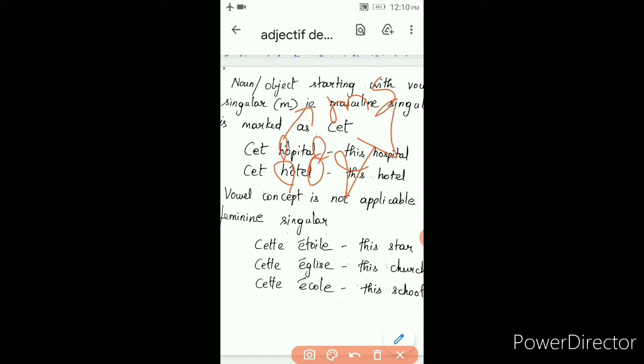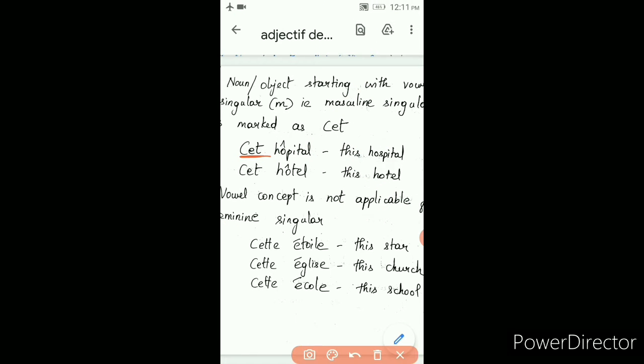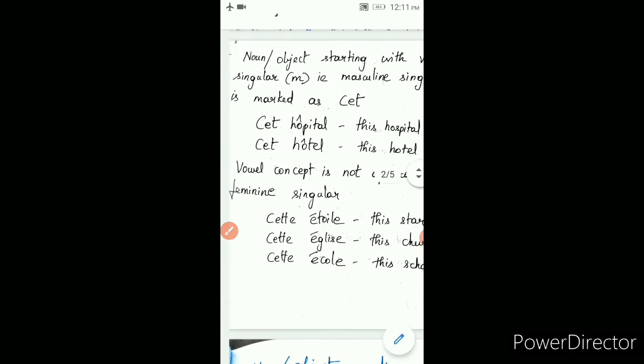So in that case, cet hôpital, cet hôtel. This hospital, this hotel. Hope it is clear. It is starting with vowel, and also it is singular, and also it is masculine. Only for this case, you have to write cet.